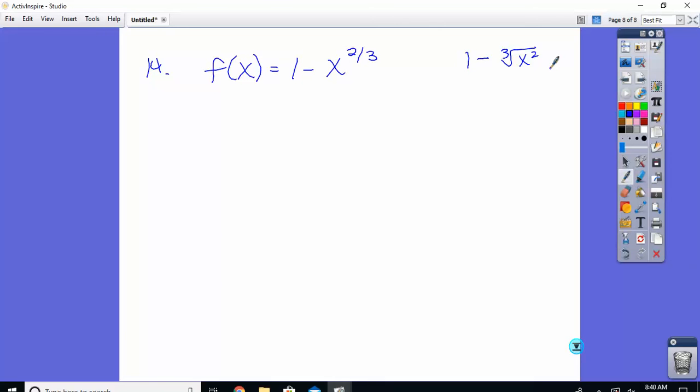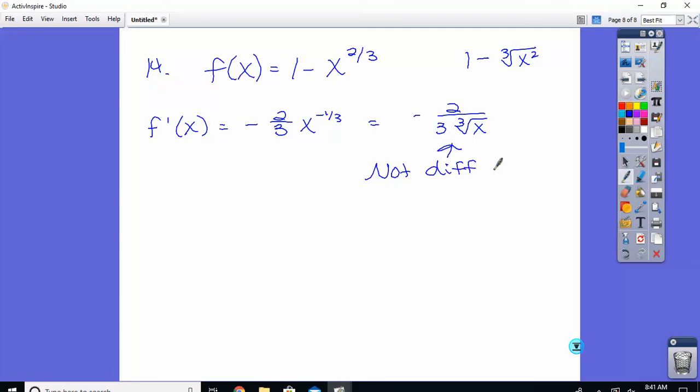So to check if it's differentiable, if we do our derivative, derivative of 1 is 0, so we get negative 2/3 x to the negative 1/3. That negative power would put it on the bottom. Where is this not differentiable? The derivative isn't defined at 0.